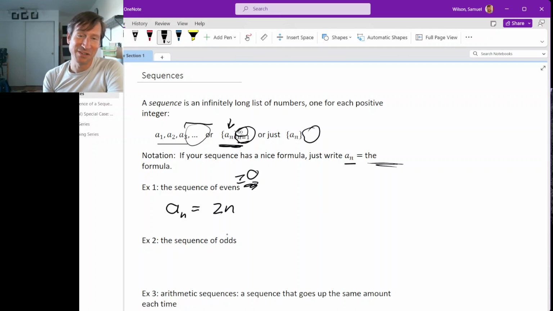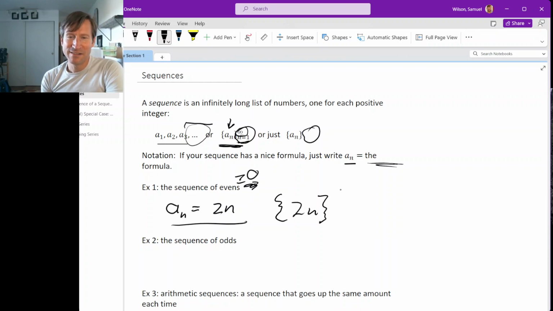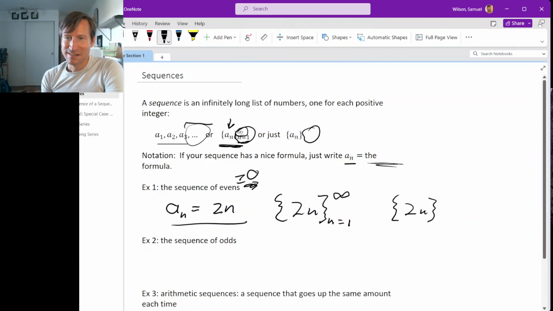That's going to make it even. If we cared about exactly where we started, we might write 2n in our braces, and be explicit that n is starting at 1. Or if we wanted to include 0 in our sequence, we could write 2n starting at n equals 0 up to infinity.